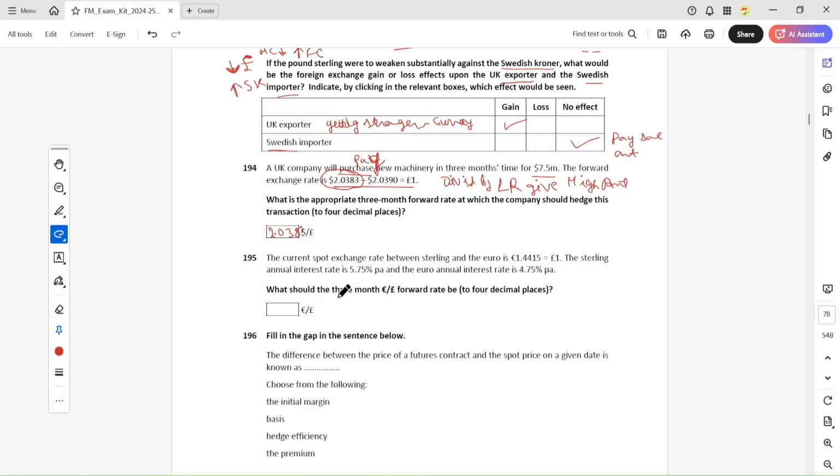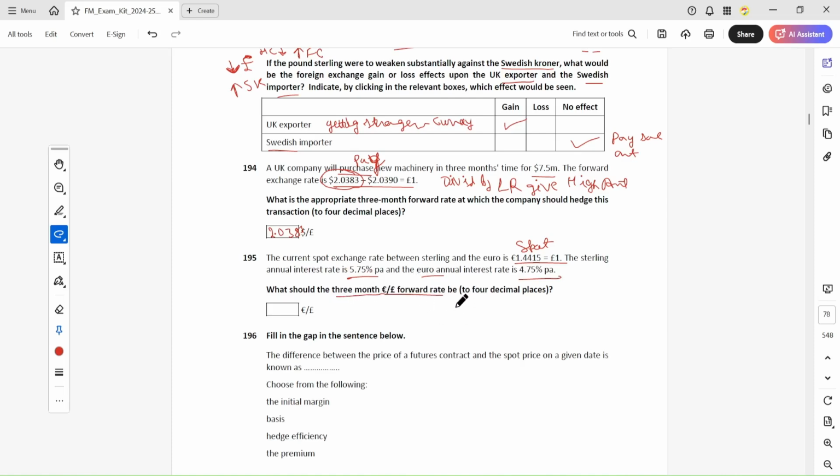Okay, what should be the current spot exchange rate between sterling and the euro? This is the spot, this is the sterling interest rate and this is the euro. So what is the 3-month forward rate?